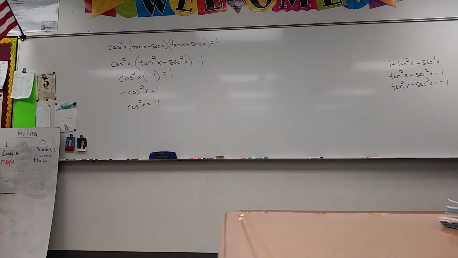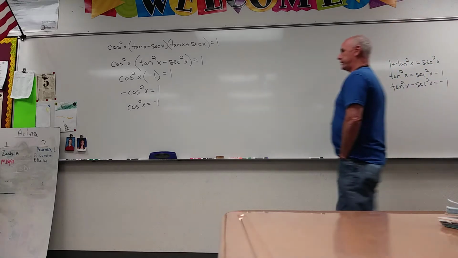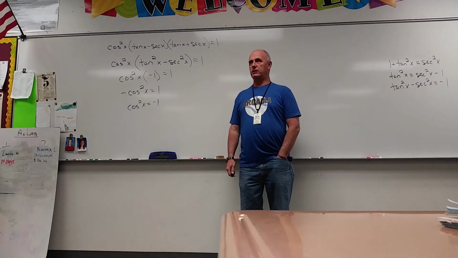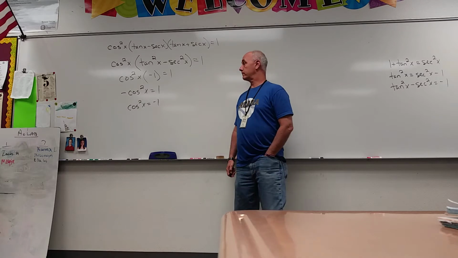Most people have two thoughts going on right now. The first thought is that cosine of x can be -1, which is a true thought.